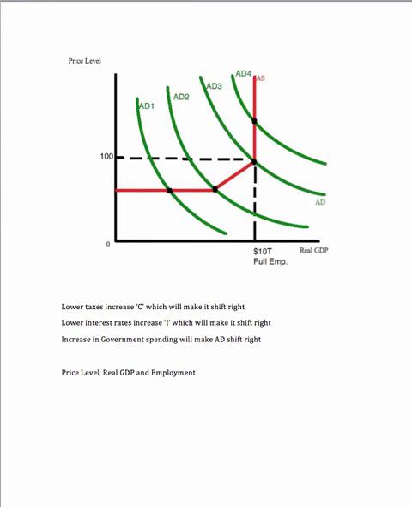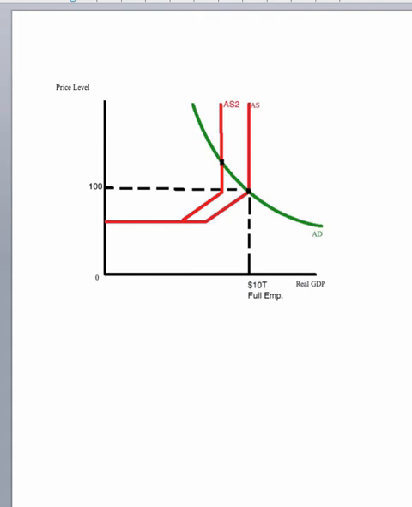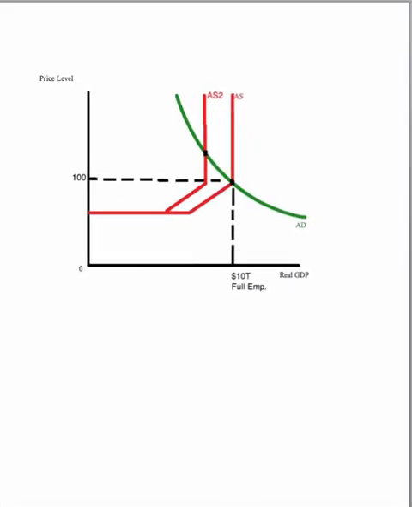Last I want to cover for a moment is the aggregate supply curve. Remember, who creates aggregate supply are businesses. And this is showing a leftward shift in the aggregate supply curve. So what could cause a leftward shift is anything that makes the cost of production go up.